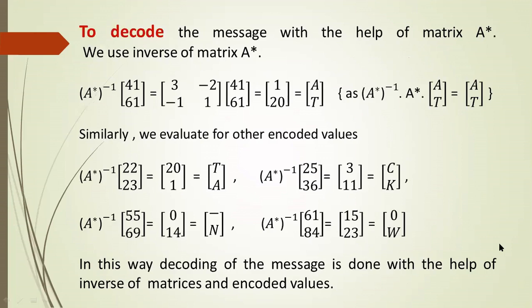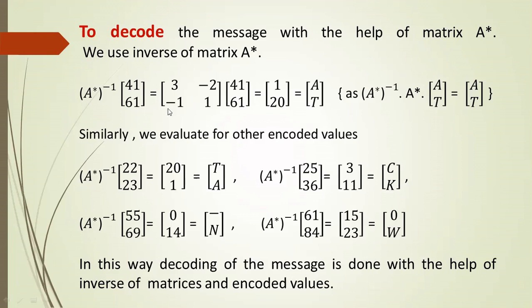Now to decode the message with the help of matrix A*, we use the inverse of matrix A*, because when we multiply A* inverse with A*, it gives the identity matrix, and we get our original column vector. After multiplying A* inverse with our encrypted column vector, we get the original column vector.